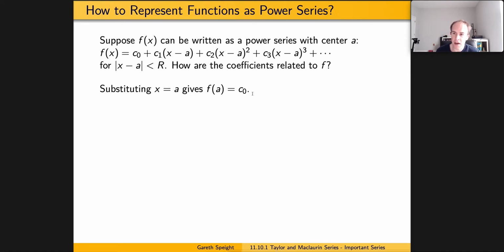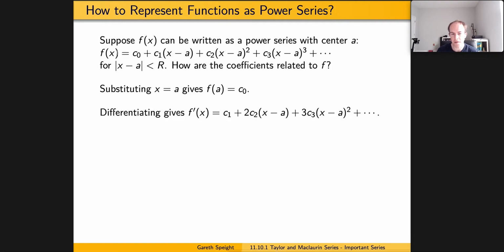And then let's keep going. At each step, we're going to differentiate and then plug in. So let's differentiate both sides of this equation for f of x. We are going to get, okay, c0 is a constant, it goes to 0. Remember we said that we can differentiate power series term by term. c1 times (x minus a), the derivative of x minus a is 1, so we're just left with 1 times c1.